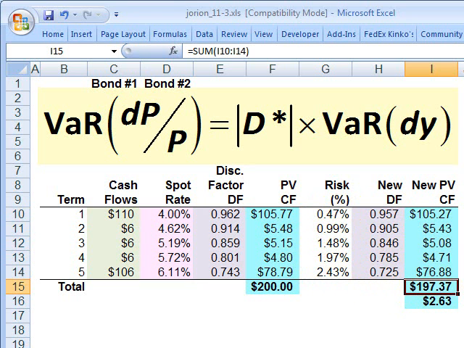And so that gives us a new present value of the portfolio of $197.37, which represents our value at risk. Based on these returns VaRs anyway, our worst expected change in the portfolio is down to $197, or a value at risk of $2.63. But like I said, it's the undiversified value at risk, which will be the sum of the individual value at risks.